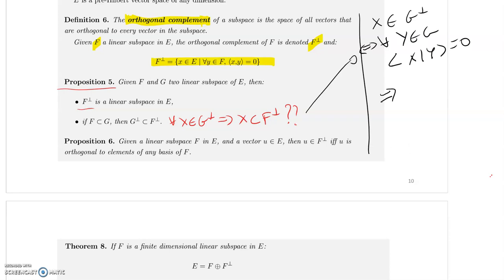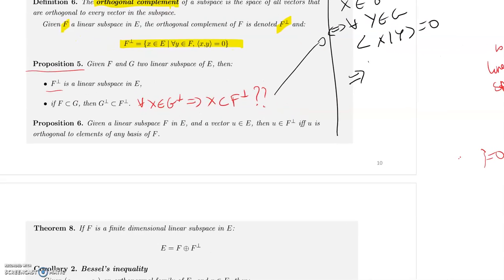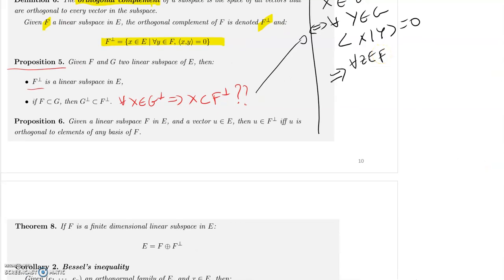So we get that for any z that belongs to F, of course, as F is included in G, z belongs to G. So what do we get?